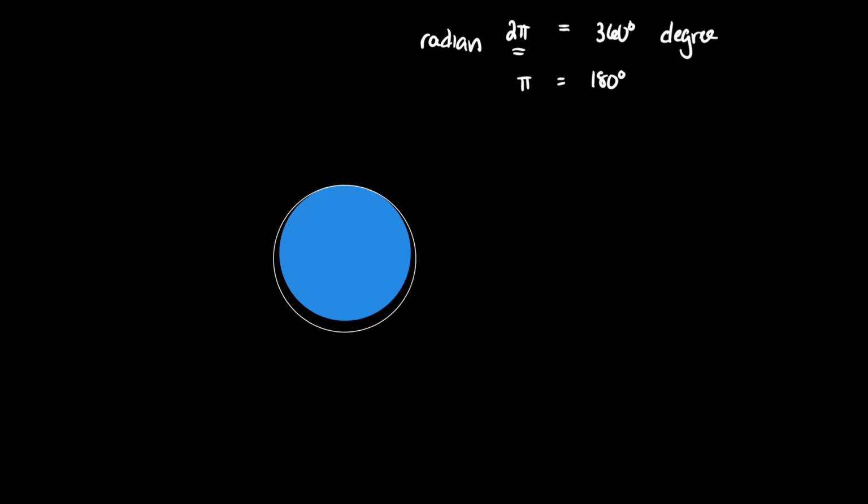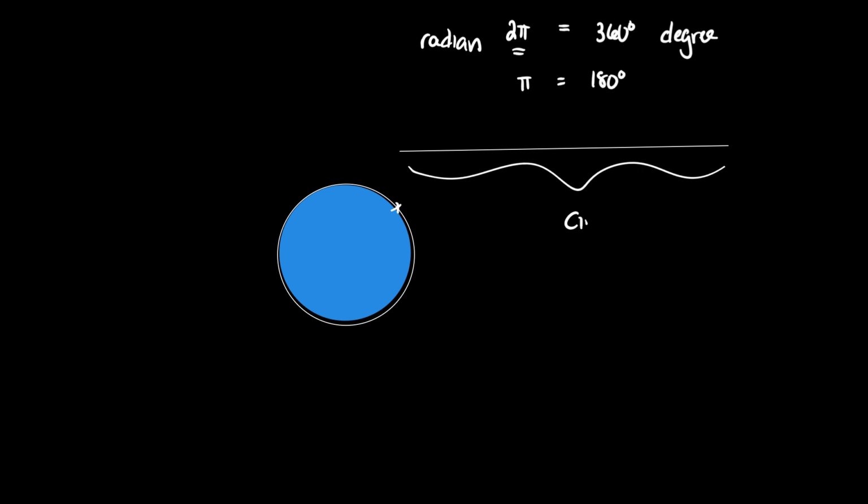You tell the kids to wrap the string around the round item. Then, once you've done that, cut the string and lay it out in a line and measure it. This is the circumference.